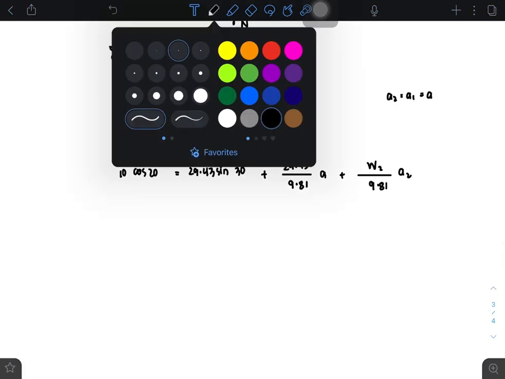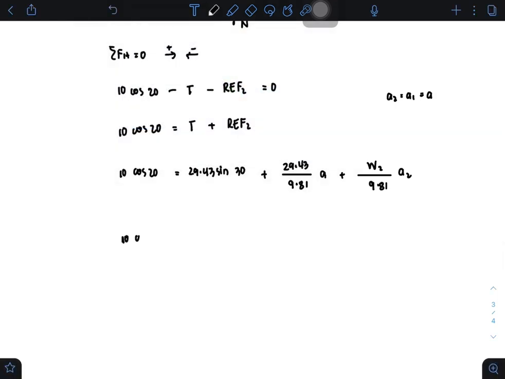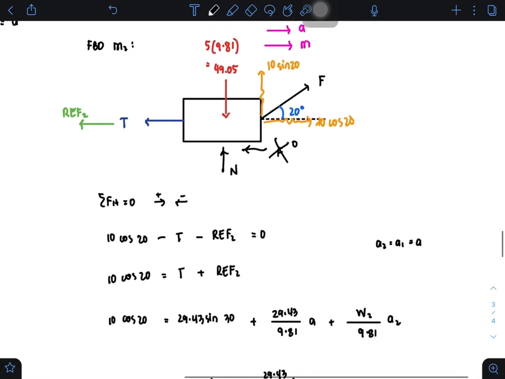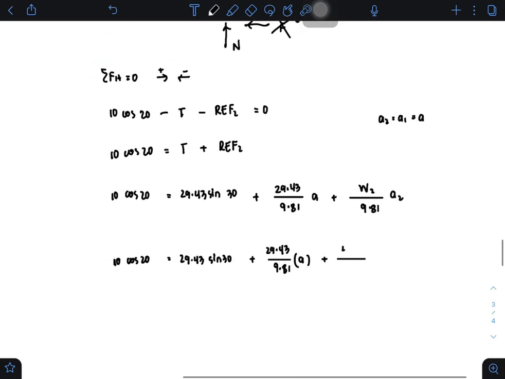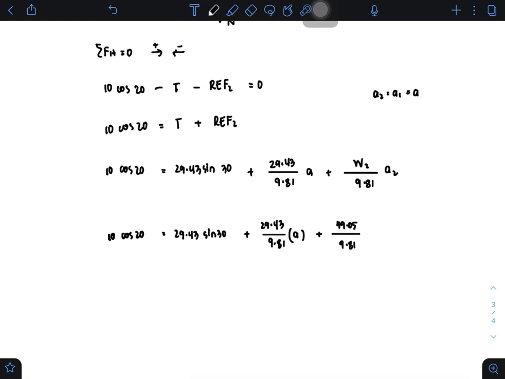So I'm going to rewrite: 10 cosine of 20 is equal to 29.43 sine of 30, plus 29.43 over 9.81 times the acceleration, plus W2, which is 49.05, divided by 9.81 times the acceleration.